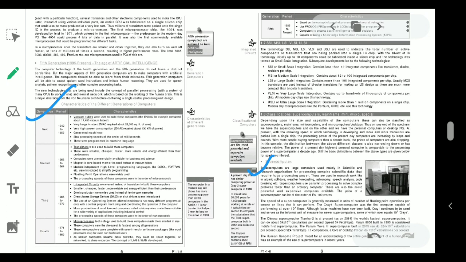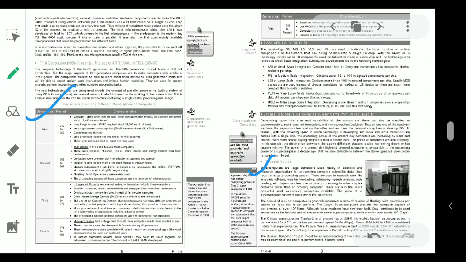Supercomputers use the parallel processing that we see in the 5th generation to solve problems. Their speed is generally measured in floating point operations per second. The first supercomputer, the Cray-1, was the first computer capable of performing at over 10 to the power 8 FLOPS.